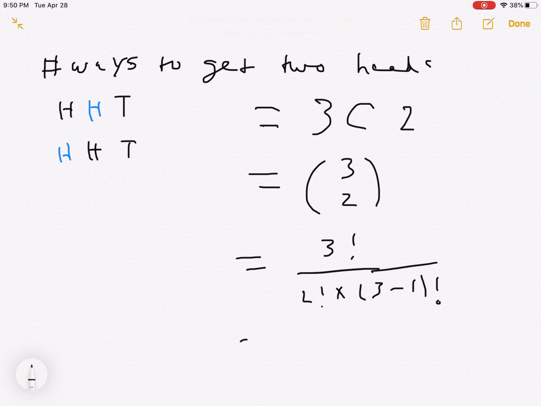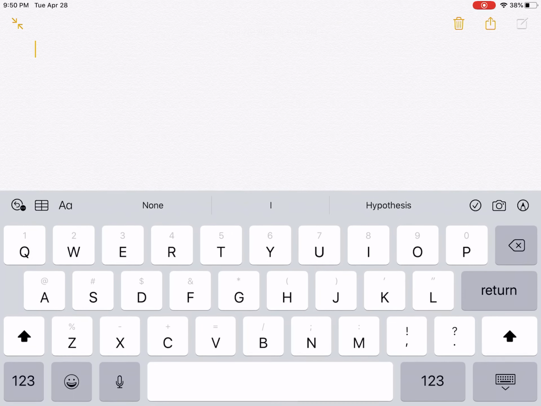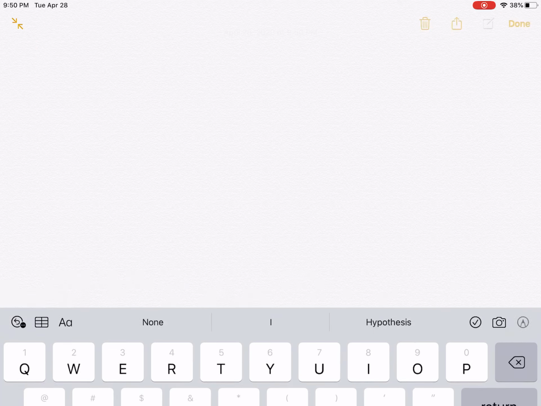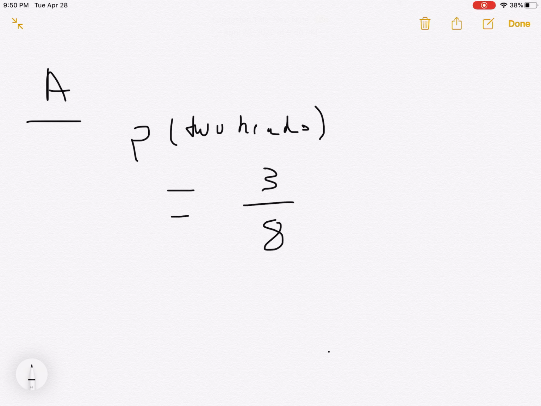And when you work this number out, you're going to get 3. So finally, your answer is going to be the probability of 2 heads. That's going to be 3/8, if you're tossing a fair coin.